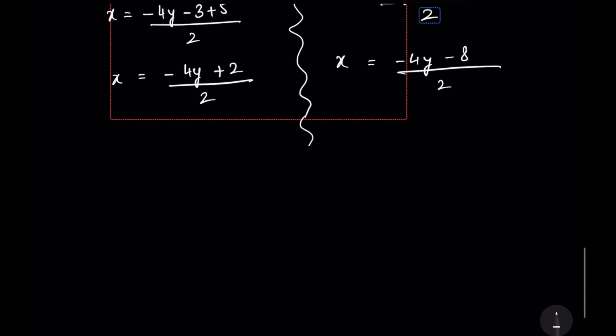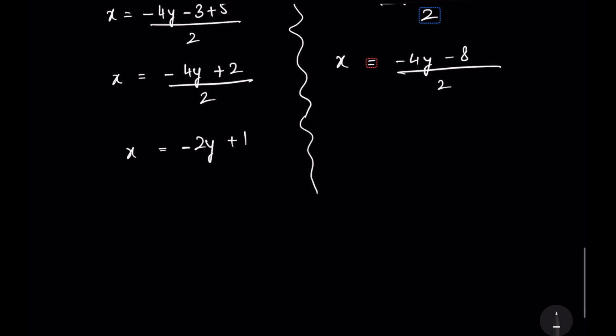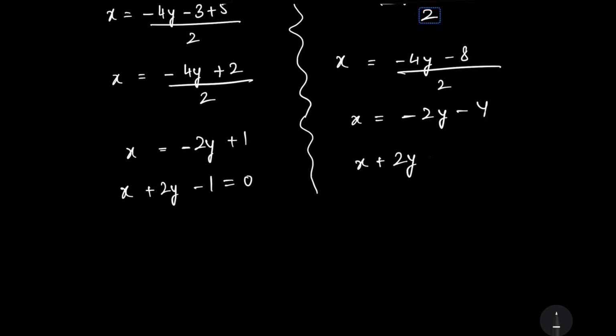So you have x equals minus 2y plus 1, which also boils down to x plus 2y minus 1 equals 0. And this is x equals minus 2y minus 4. So x plus 2y plus 4 equals 0.